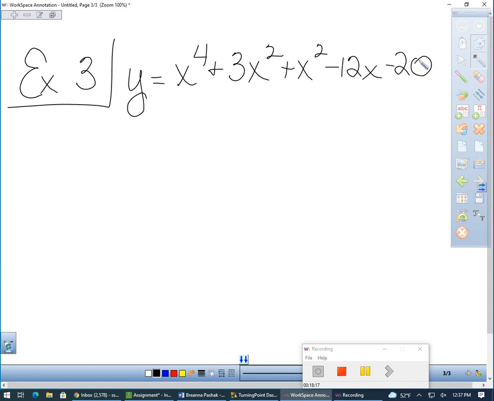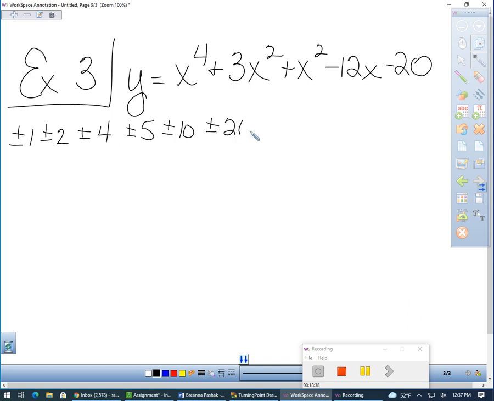So on this one, all the factors of 20 over all the factors of 1. So we get plus and minus 1, plus and minus 2, plus and minus 4, plus and minus 5, plus and minus 10, and plus and minus 20.